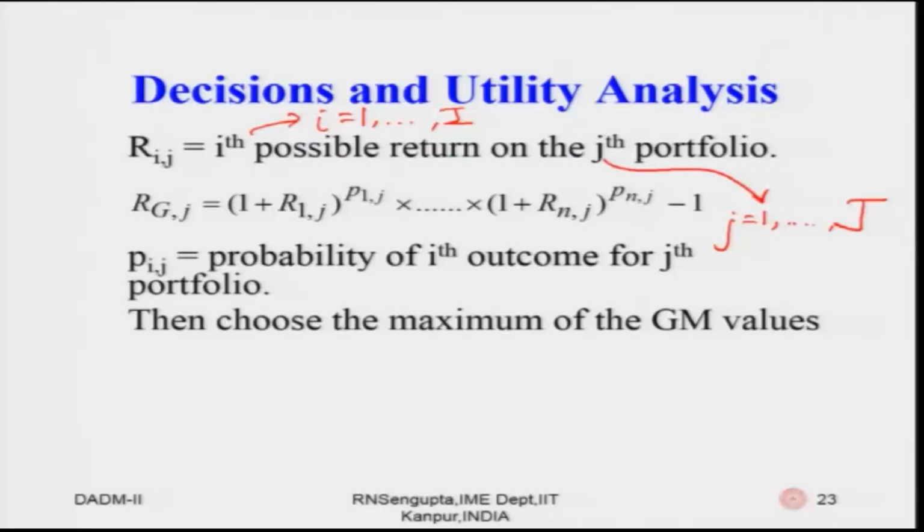I will come to that later. We should choose the decision for which the geometric mean value gives us the maximum return. Return means capital R, it can be small r also. Now, let us come back to the formula.